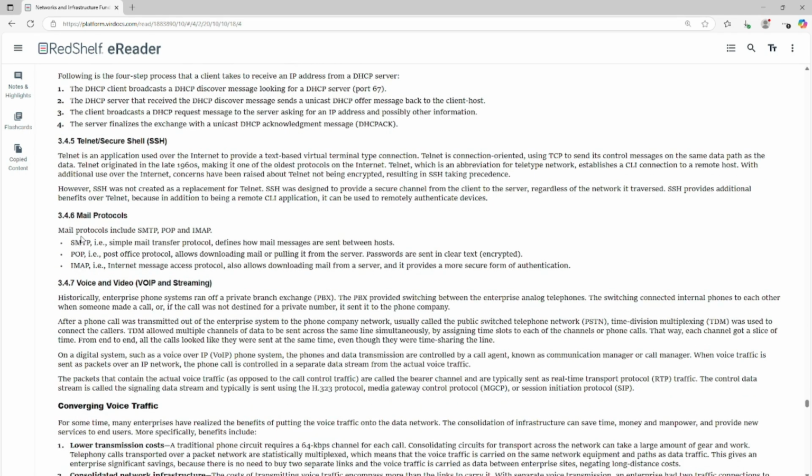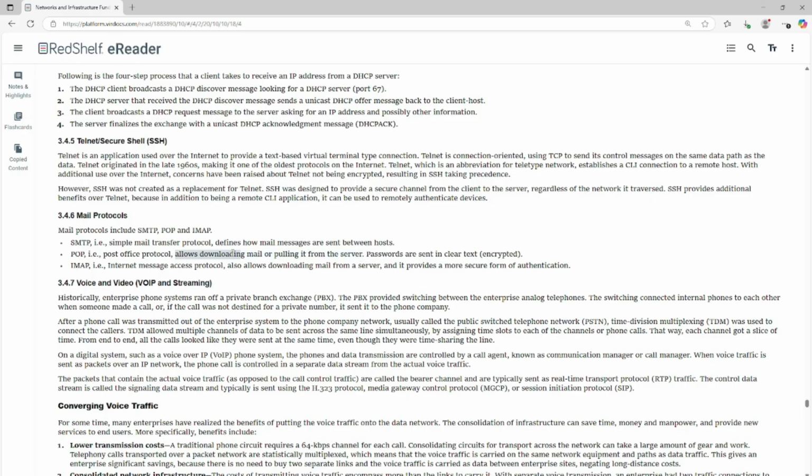Mail protocols. You might want to keep in mind what SMTP is all about. It defines how mail messages are sent between hosts. Most importantly, you might want to focus to kind of know when does POP, Post Office Protocol, how does it operate? Keep in mind, it does allow downloading mail or pulling it from the server.